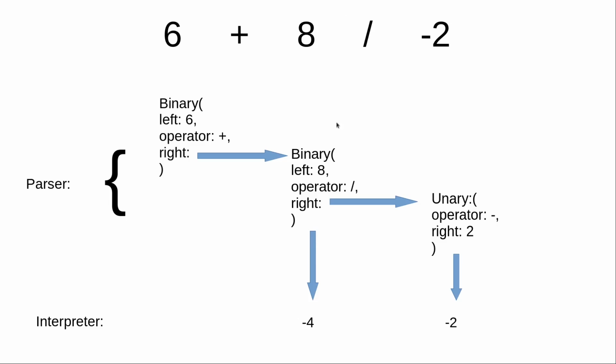And finally, we have 6 plus minus 4, which is going to give us the result of 2. And this is what our interpreter is going to do. It's going to interpret our parsed expression.